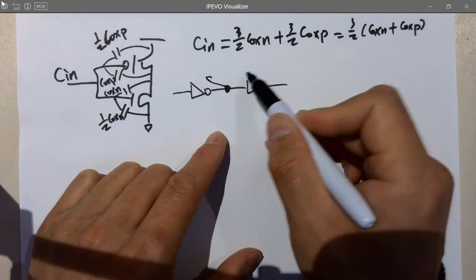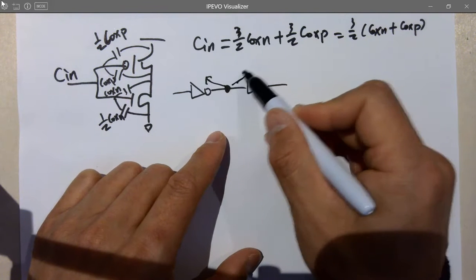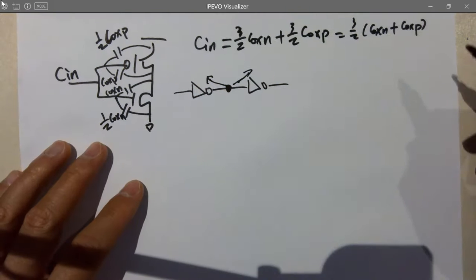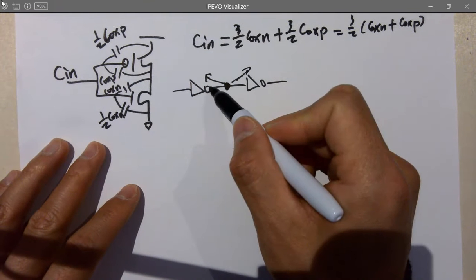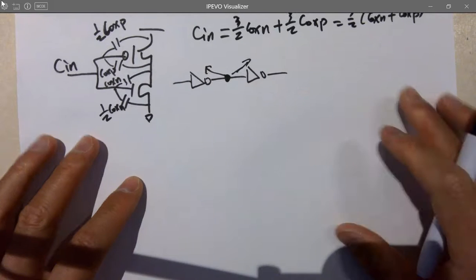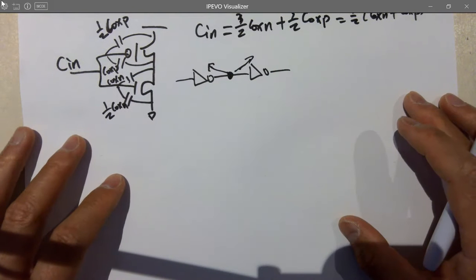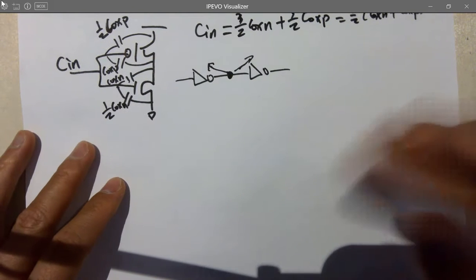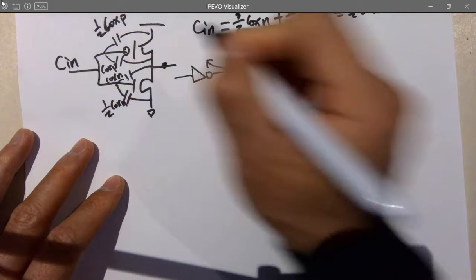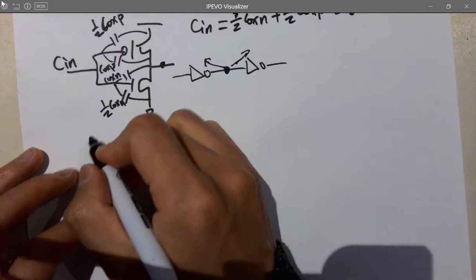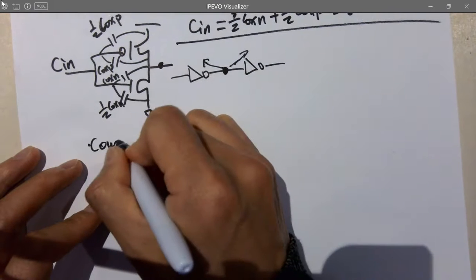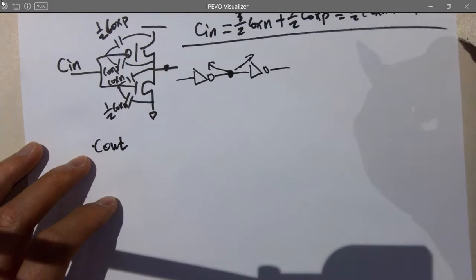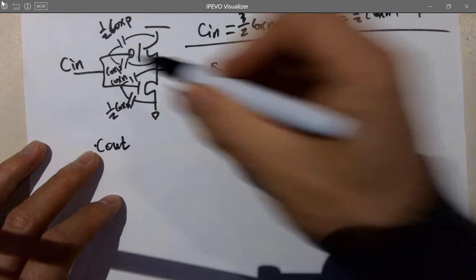So you're getting two directions, and there will be an input capacitance over here and an output capacitance over here. Looking at the output point, since we have C in already, what is C out? There's two of them.